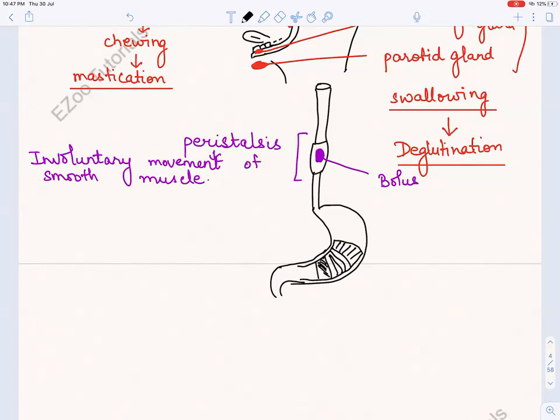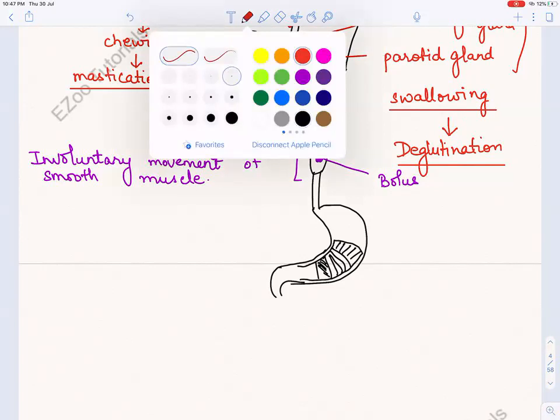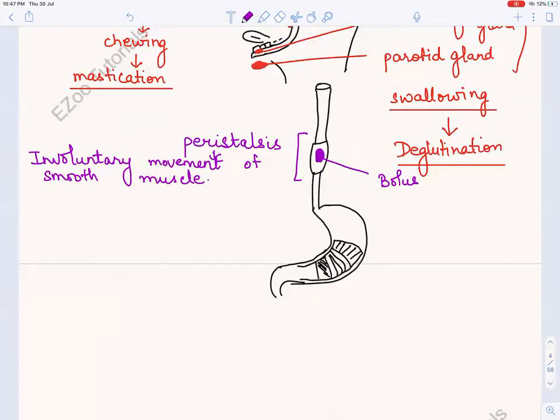These different layers of muscle do what? They help to churn the food. If suppose this was our food, it's helping to churn the food. These muscles are doing what? Churn the food. Okay, understood? Why is the stomach churning the food?